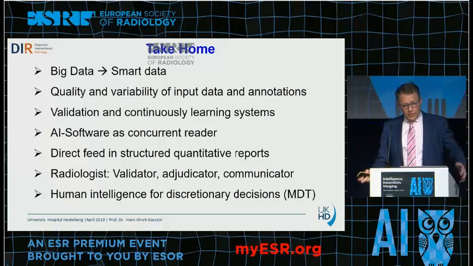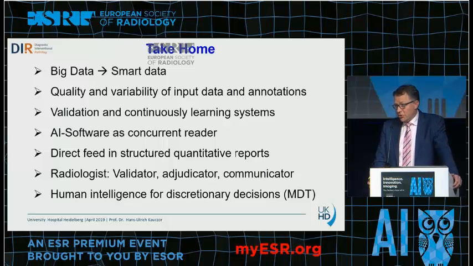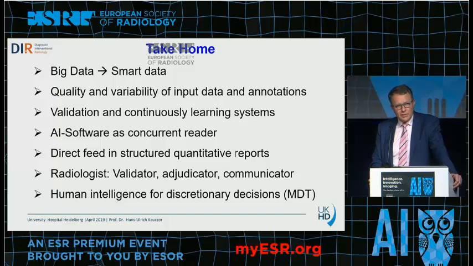So in summary, we heard about the big data challenge that we are all trying to address. And I think we have to make sure that we can turn the big data into smart data for us as radiologists. We really have to take care about the quality and the variability of the input data and the annotations. I like the proposal from Paul with this huge data set from China.